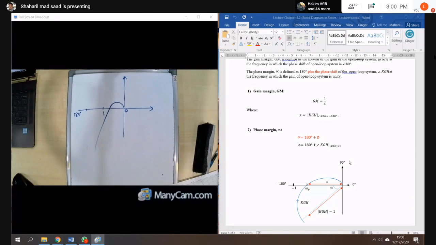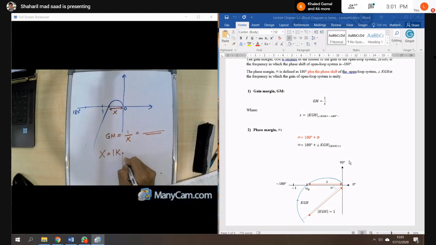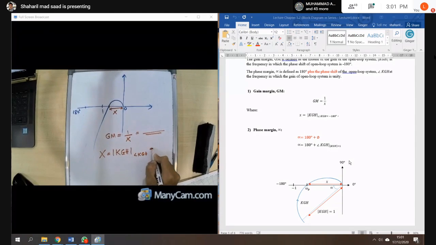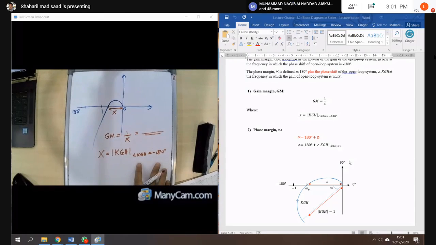In order to find the gain margin, this is the magnitude, we call it X. The gain margin GM equals 1 over X, where X is the magnitude of KGH when the phase is -180 degrees. This is the definition.